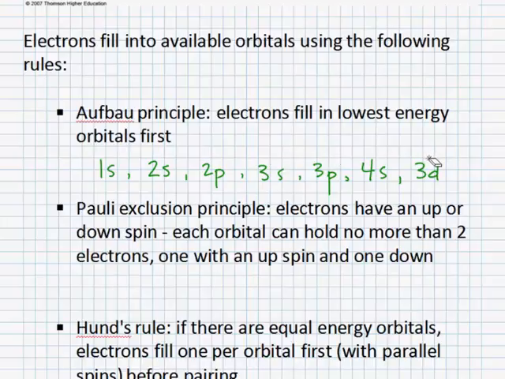But it turns out that in the next shell, the 4s subshell has split off and has become so much lower in energy that it actually has overlapped the 3rd shell. So if you just sort of think of it that way, that the 3rd shell has spread out into those 3, the 4th shell has spread out into its subshells, but the lowest energy orbital of the 4th shell actually is lower in energy than 3d.